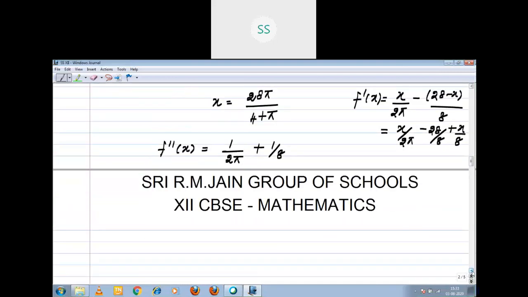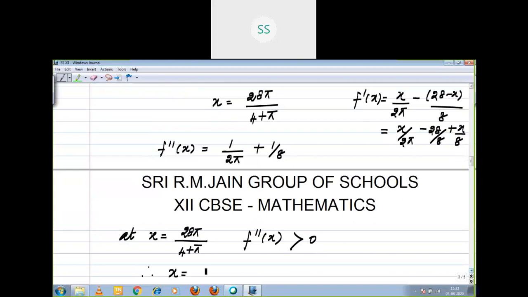The value is greater than 0. At x is equal to what? 28 pi divided by 4 plus pi, f double dash of x is greater than 0. Right? Will you agree or not? Yeah. Therefore, x is equal to 28 pi divided by 4 plus pi is a point of local minima.